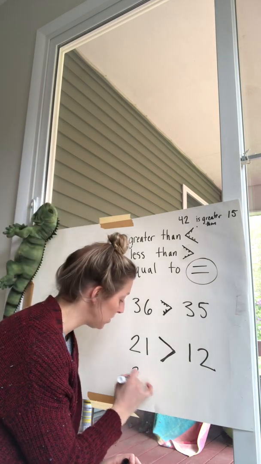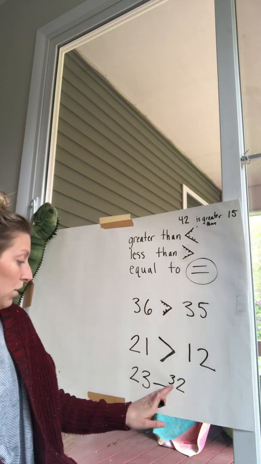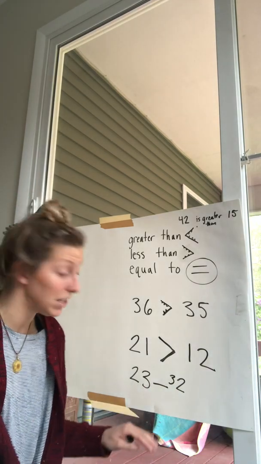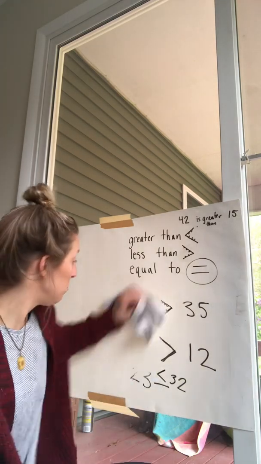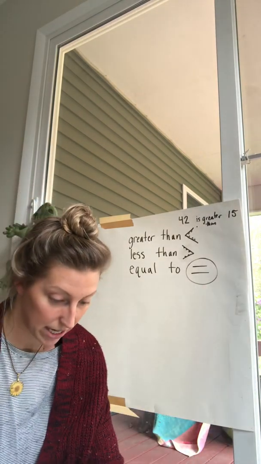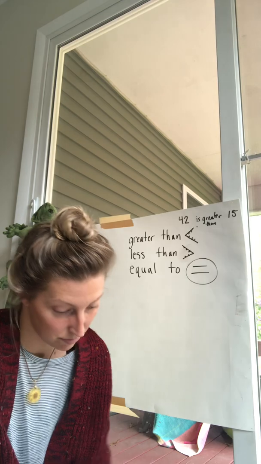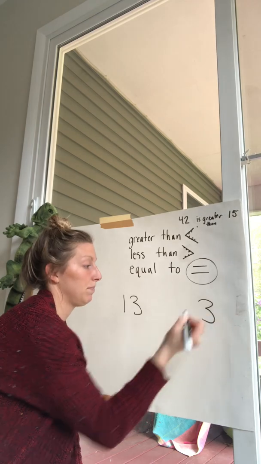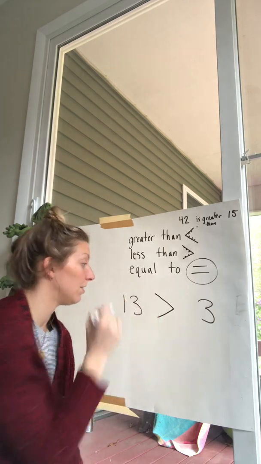Okay, what about 23 and 32? What's going to go, 23 or 32? Well, the alligator's definitely going to eat the bigger number, which is 32. Good. Okay, and a few more. We have 13 and 3. 13 is greater than 3.